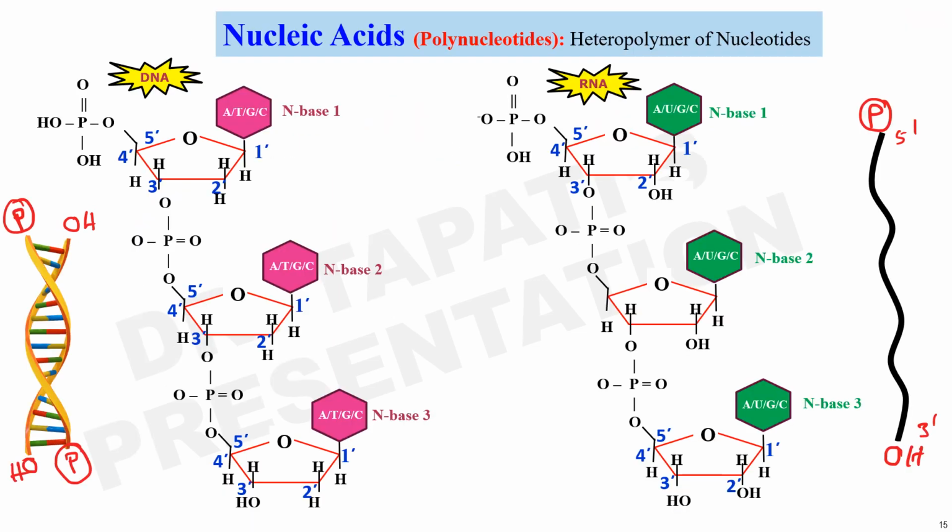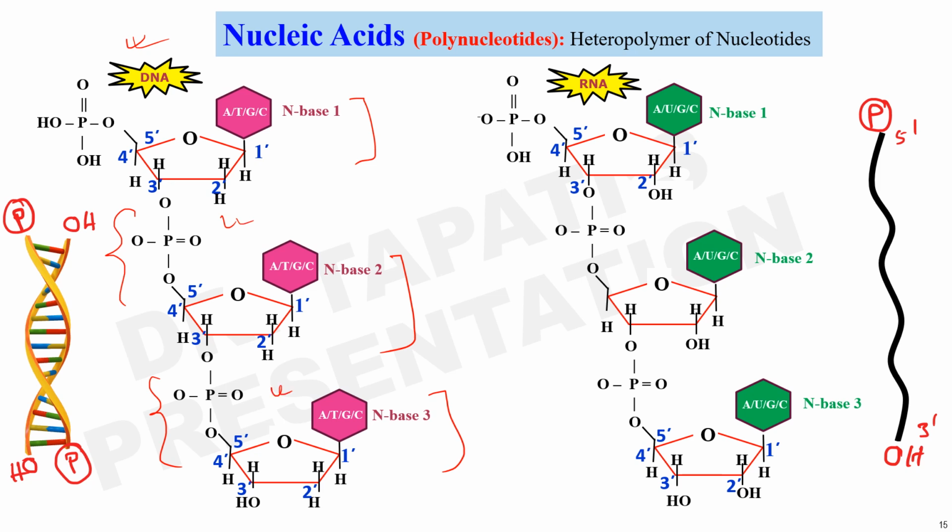Nucleic acids are polynucleotides because they are heteropolymers of nucleotides. That means nucleic acids are composed of various nucleotides, and nucleotides are attached through phosphodiester bonds. In this figure, you can consider this is the picture of single-stranded DNA. In single-stranded DNA, there are a total of three nucleotides, attached through phosphodiester bonds.